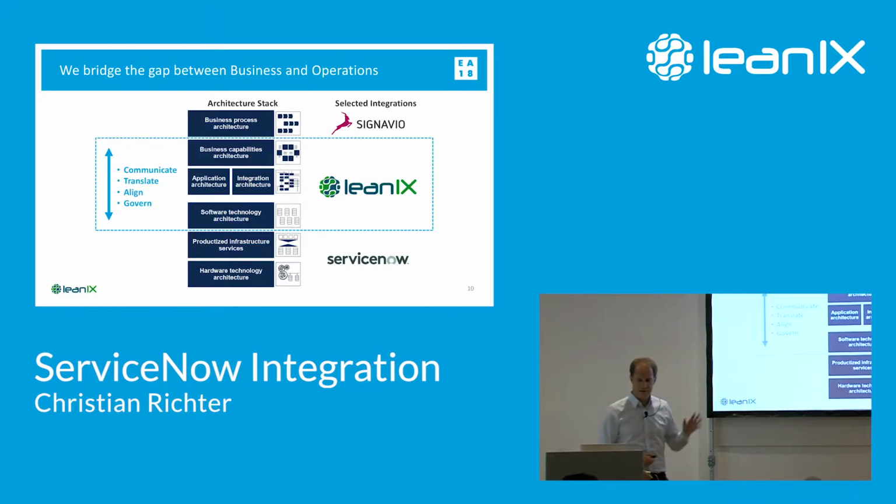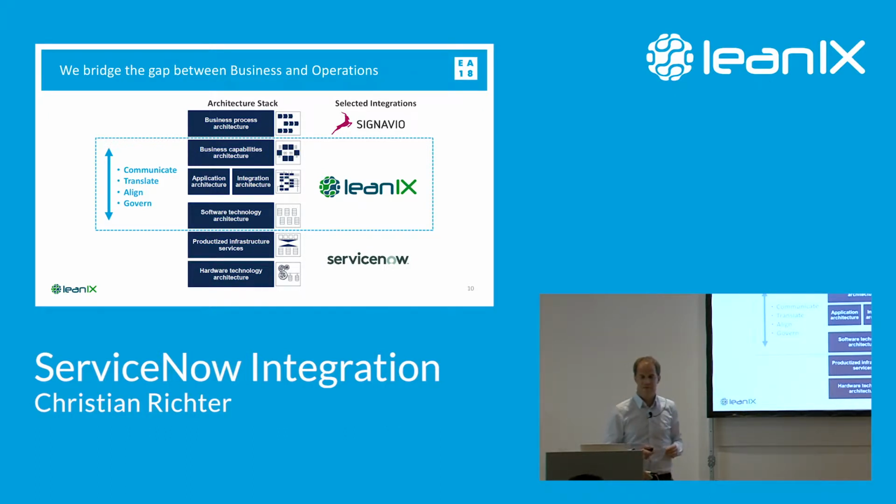So if you look at an architecture stack, I did not take our data model, I just take the McKinsey architecture stack. We see on the business process level, or in the business architecture, just to give you some examples of possible integrations, tools like Signavio, which I will be talking about in the next session. And on the infrastructure and operational side, we have tools like ServiceNow going into the configuration items, very specific, with details.